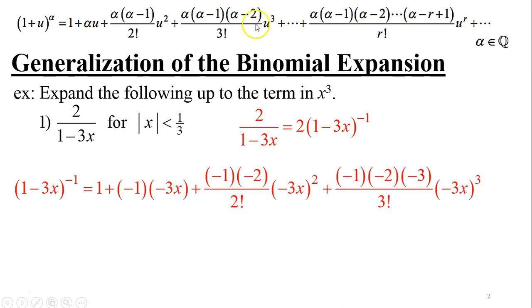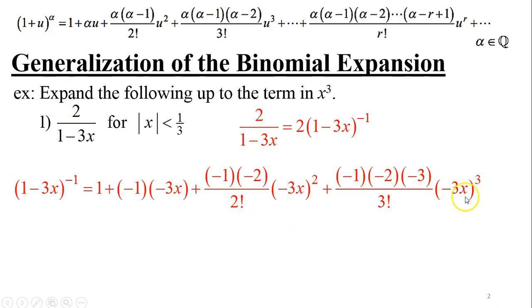So applying the formula up to the term in x cubed, we will have 1, of course, as the first term. Then alpha is negative 1, u is negative 3x. So I do the corresponding substitutions. Over here, alpha minus 1, so negative 1 minus 1 is negative 2, over 2 factorial times u squared, where, as we already agreed, u is negative 3x.